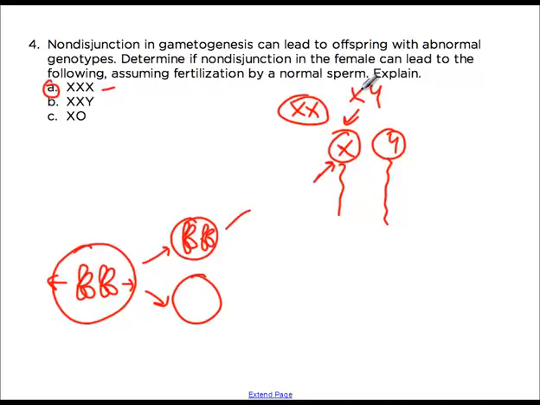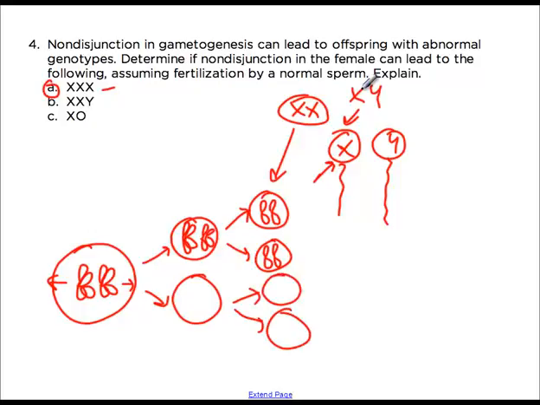And meiosis II is supposed to pull apart the sister chromatids, and if it does that, it will lead to two gametes that have two X chromosomes in there, and that's exactly what we're looking for, and two that have nothing in there. When I say nothing, I don't literally mean nothing. I mean nothing with respect to the X chromosome. Okay, so if this gamete here fertilized that normal male one, you would get XXX.